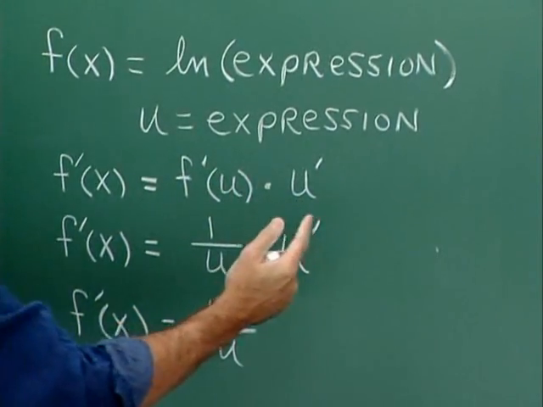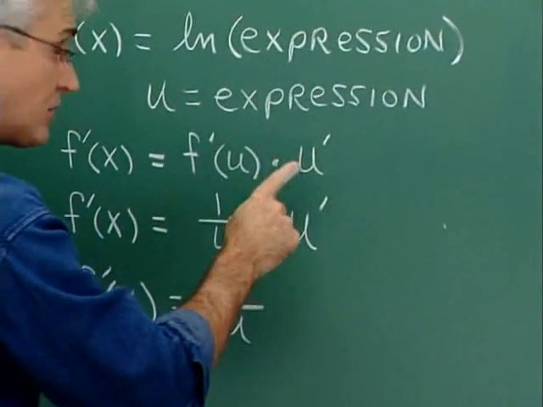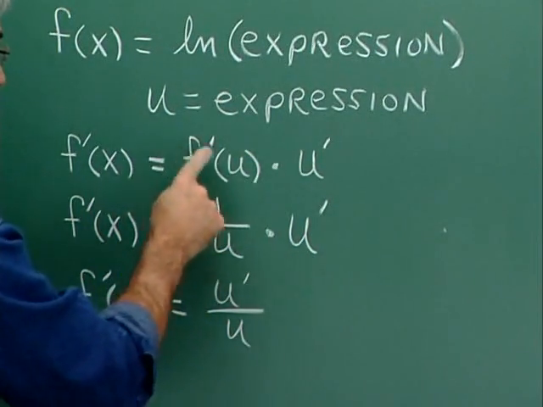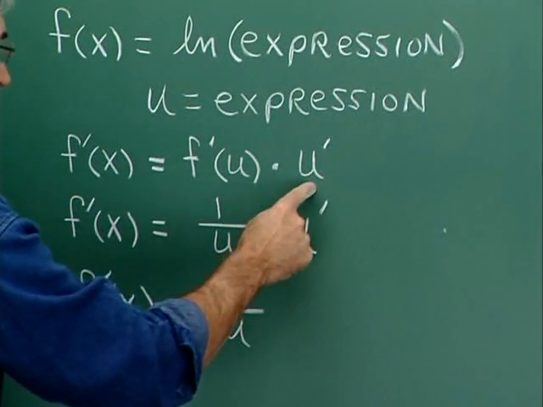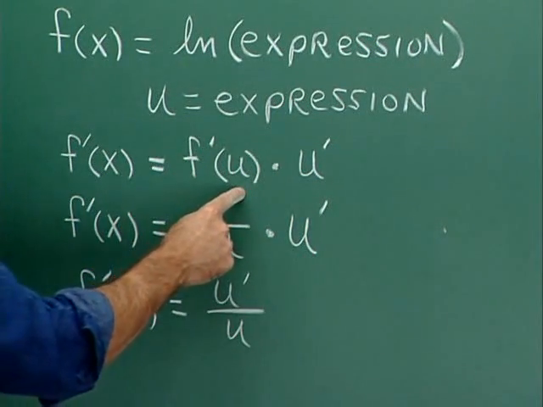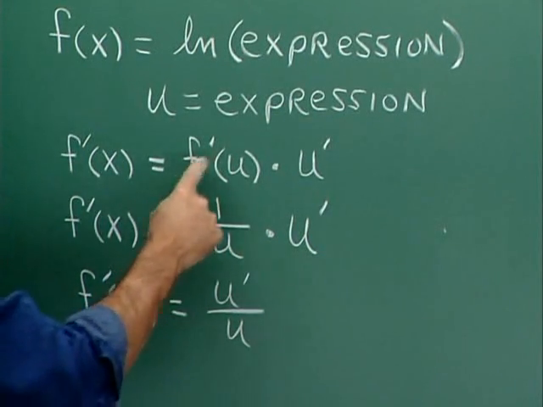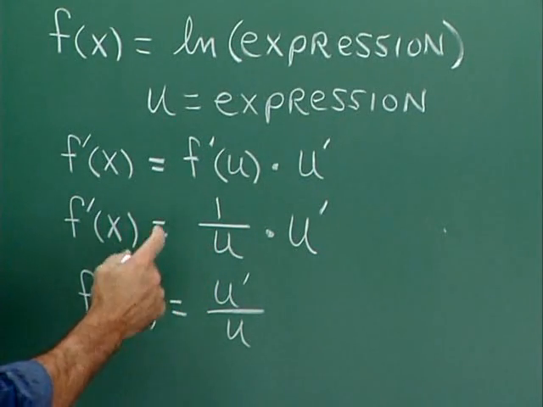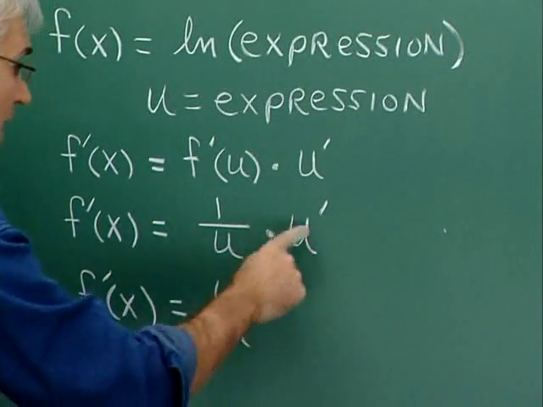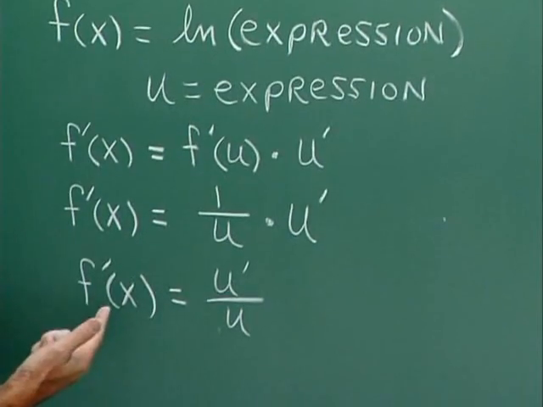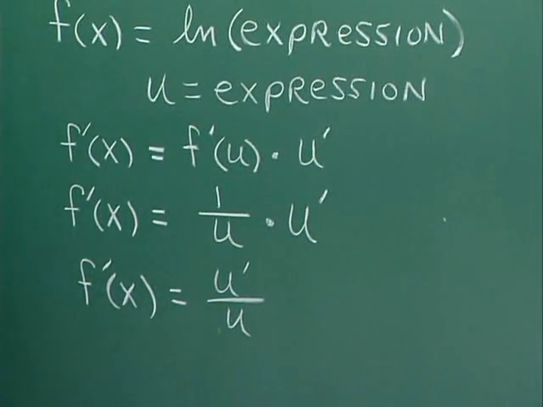Now, I could be using du dx over here, but I like this kind of notation because it's a little cleaner in my view. So f prime of u times u prime. But f prime of u, you see, is just 1 over u, because this is a natural log situation. So this is 1 over u times u prime, so this consolidates to u prime over u. A very simple idea, and a very powerful idea as well.